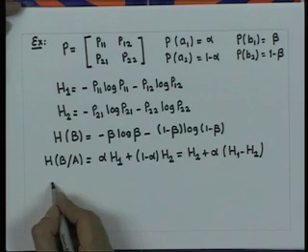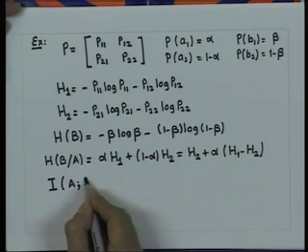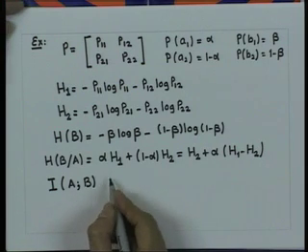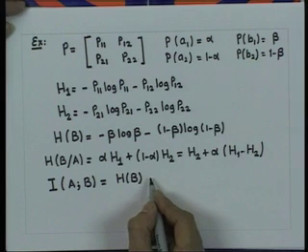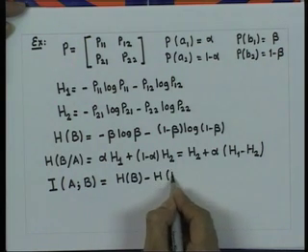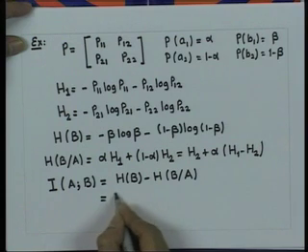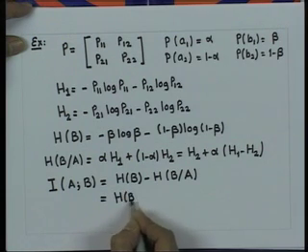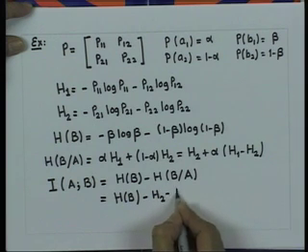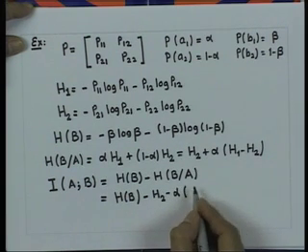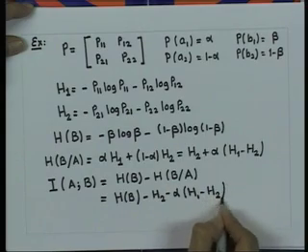Now, for this we get the mutual information I(A;B), which is equal to H(B) - H(B|A), that is H(B) - H2 - alpha (H1 - H2).